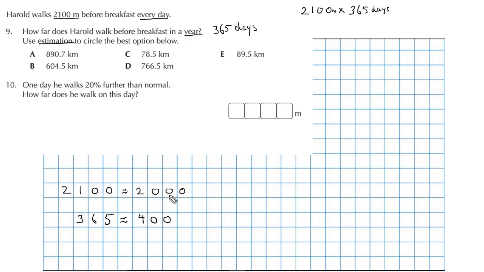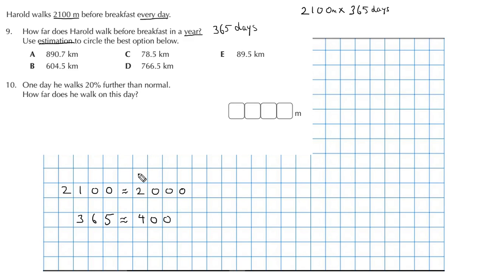But hang on, now these are meters here, and whenever we're dealing with meters, we should look out for whether we're going to have a change in unit, and we do. If we look at the answers, all the answers are in kilometers. How many meters are there in a kilometer? 1,000 meters in a kilometer.